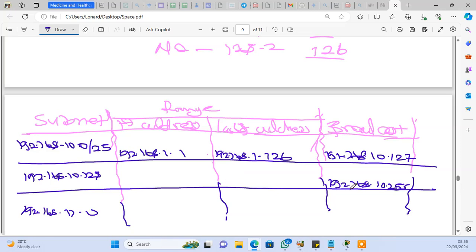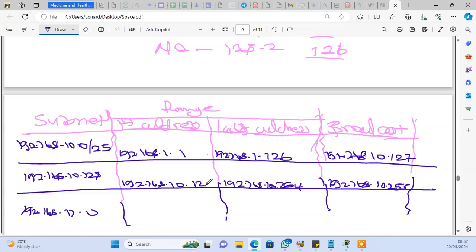And then here you subtract the 1, giving 192.168.10.254 as the last usable. You add the 1 here, and it will be 192.168.10.129. This is a 10, not a 1.